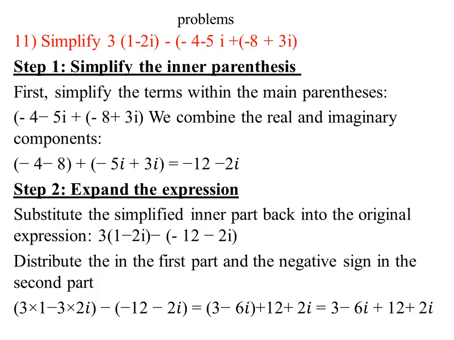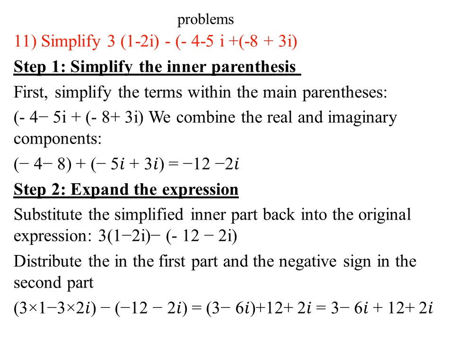That is, first we simplify the terms within the main parenthesis, that is -4 - 5i + (-8 + 3i). It becomes -4 - 8 + (-5i + 3i), which gives -12 - 2i.